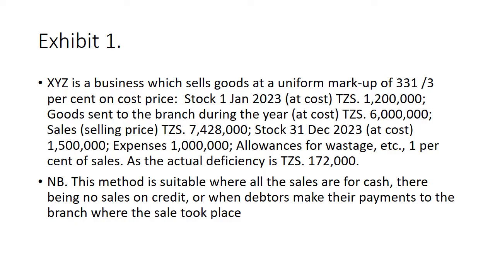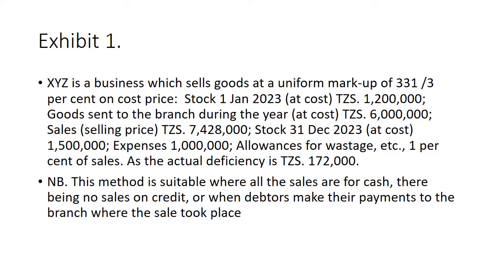For instance, if we have this example, XYZ is a business which sells goods at a uniform markup price. When we say markup, to arrive at a selling price, they take the cost of goods and add a margin markup of 33.5% on the cost price. The stock at 1st January at cost is 1,200,000.